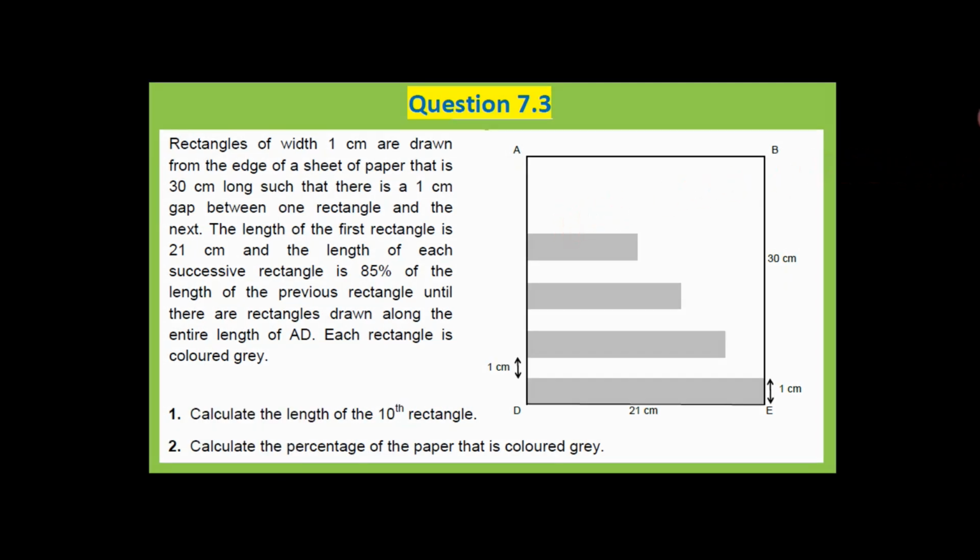So let's look at the answer to the first question. The first rectangle has length 21 centimeters, and the next one will be 85% of 21. So 21 times 0.85. So that's a second rectangle going from the bottom up. Then the third one will be 85% of this value.